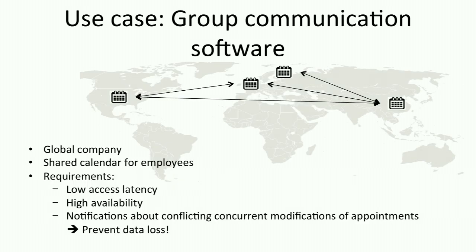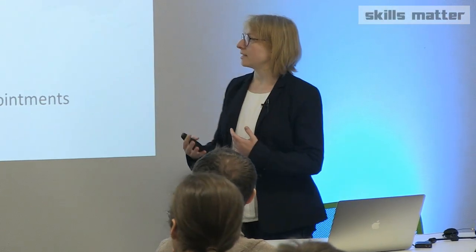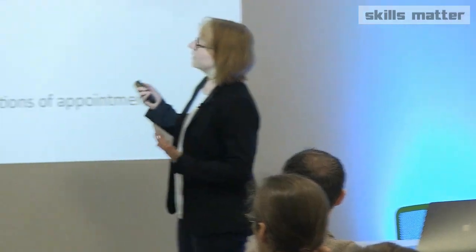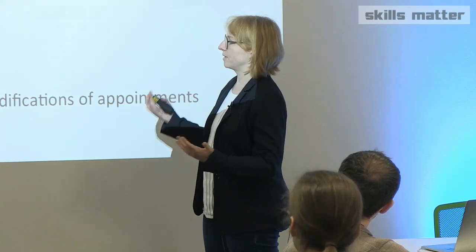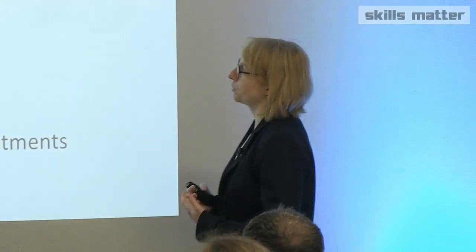Let's assume that you want to build a highly available distributed application. What does this mean? Well, in essence, you want to make sure that users, wherever they are located on Earth, experience short access time to their data. For example, in a global company you have a calendar app that shares calendars between the employees.